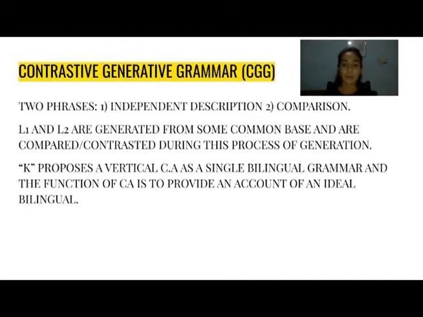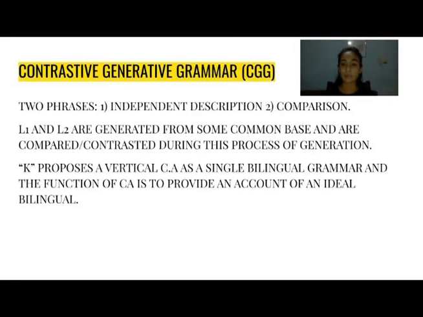And it provides an account of the intuitions of an ideal bilingual about the relatedness of his two languages. But the author James does not agree with the idea that the psycholinguistic model of a bilingual and a model for CA are one and the same thing. And he pointed out that CA is not so much concerned with bilingualism.